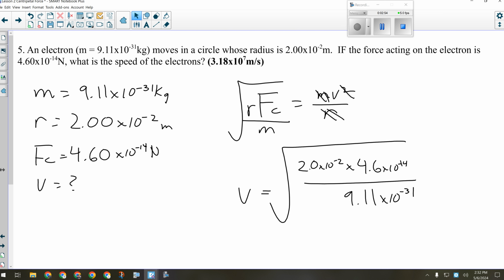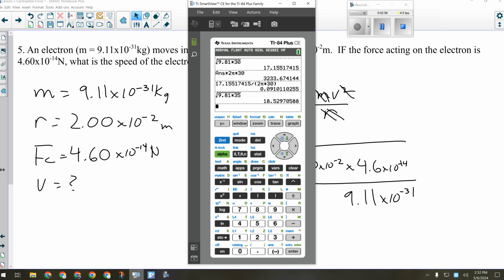You have to be careful here with your brackets. So we're going to have brackets, 2.0, e negative 2, close the brackets, 4.6, e negative 14, close those brackets, close the top. Divide by the bottom, 9.11, e negative 31, close that bracket off.